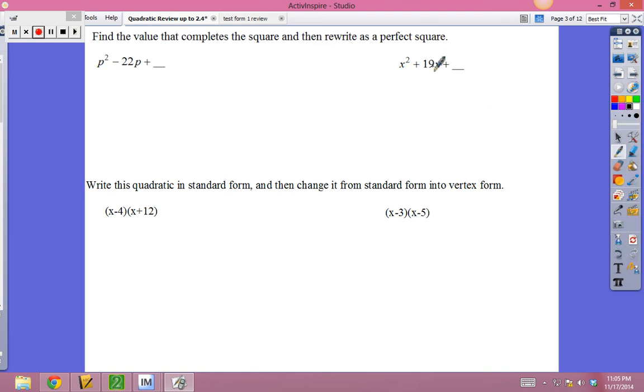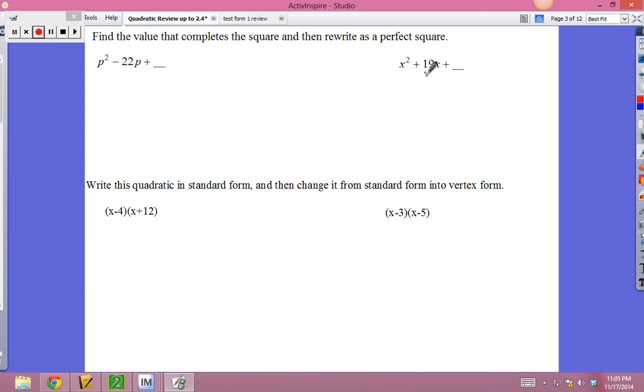Odds are not as easy. This odd is 19. If you try and cut an odd in half, it's not going to work. So 19 halves is like 9.5. But now you square it. So you're going to square the 19 and you're going to square the 2. So whatever 19 times 19 is, let's see.